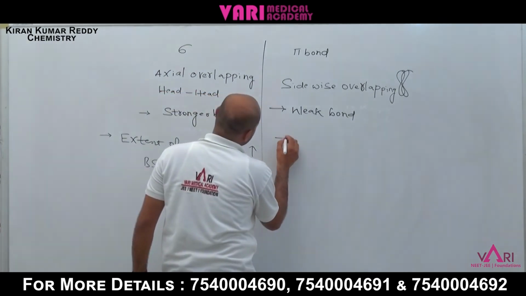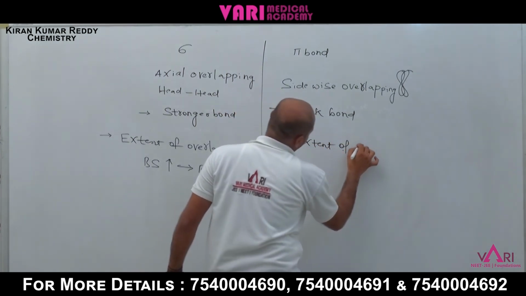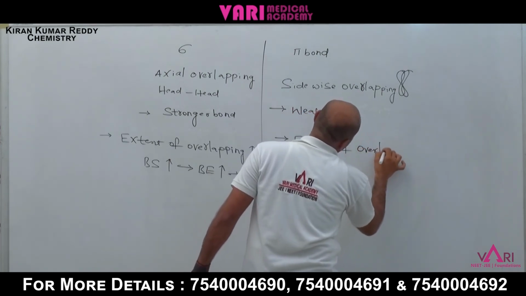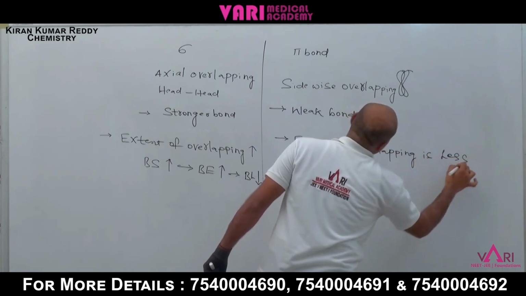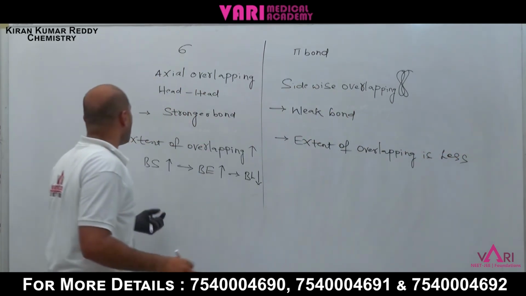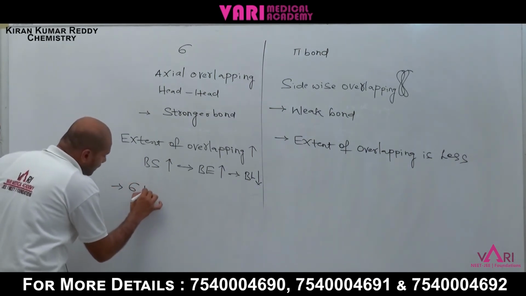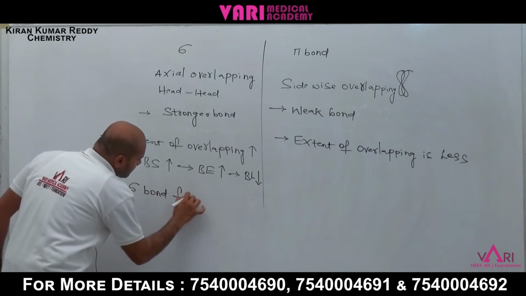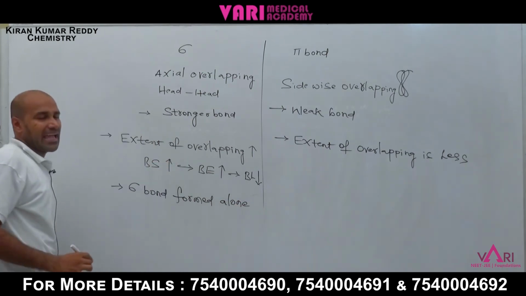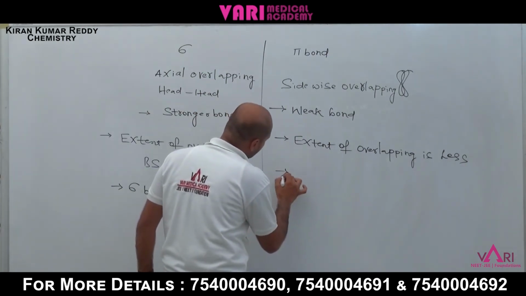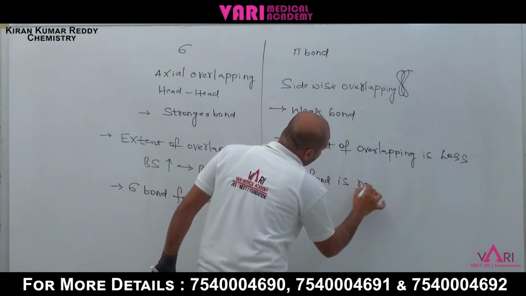Now here the extent of overlapping is less. Where is the condition? Pi bond. And sigma bond has more extent of overlapping. Sigma bond is formed alone, but pi bond is not formed alone.